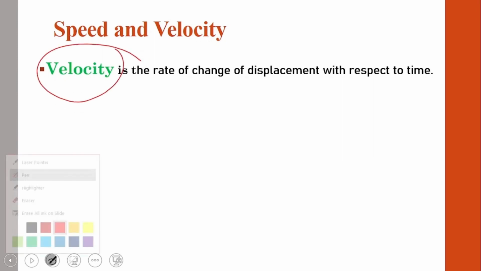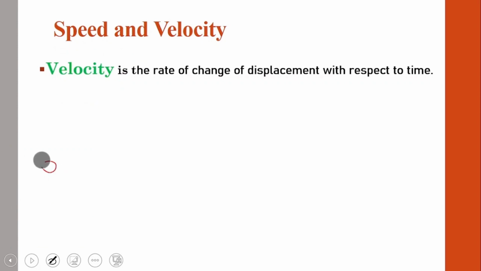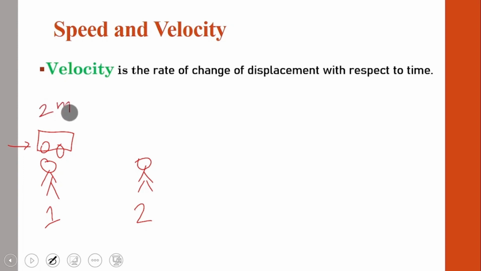Okay, let's have an example to understand velocity more clearly. Let us consider two persons, person one and person two. They are in different positions. Now a car is crossing these two persons. First, when the car is crossing person one, person one sees that it has a velocity of 2 meter per second.